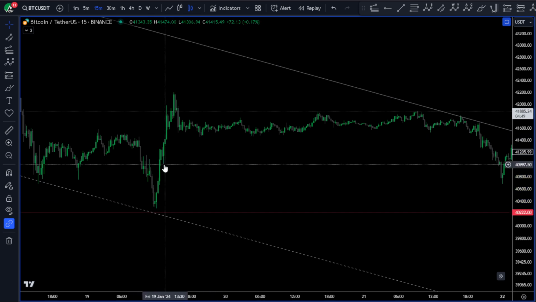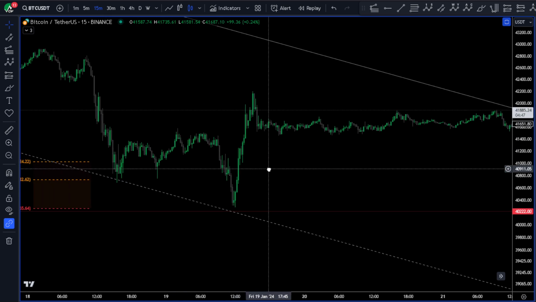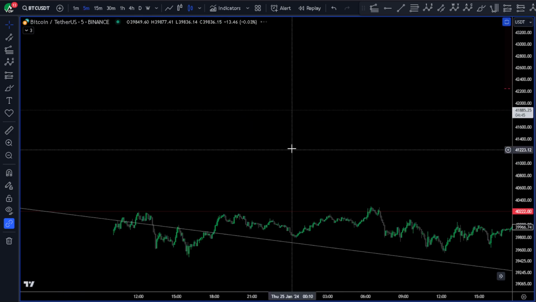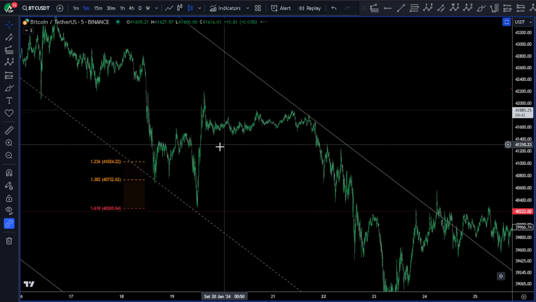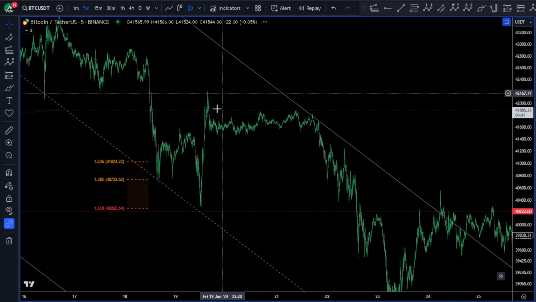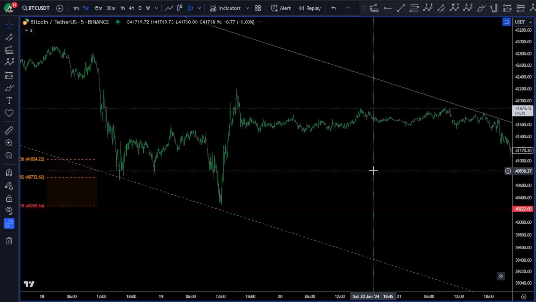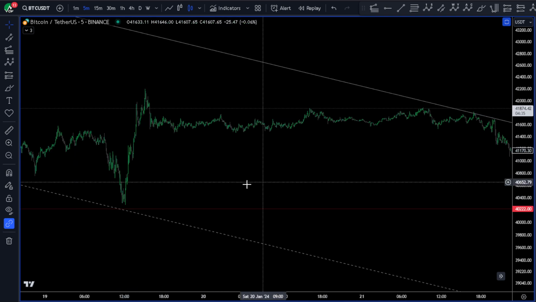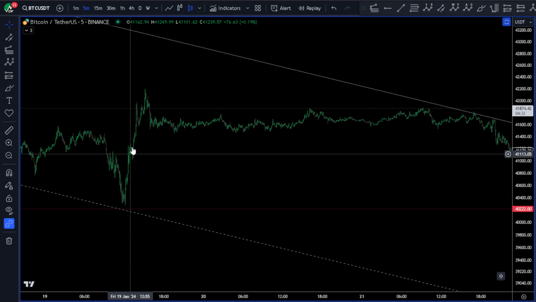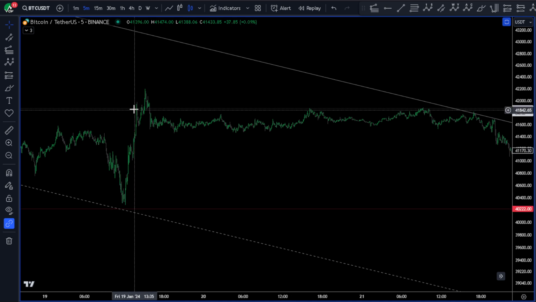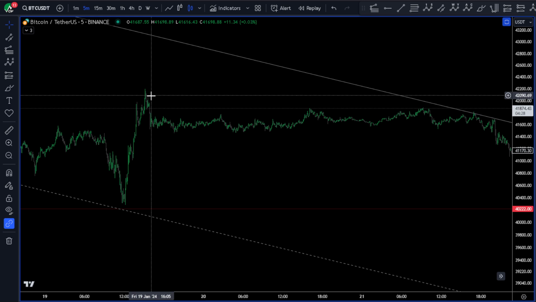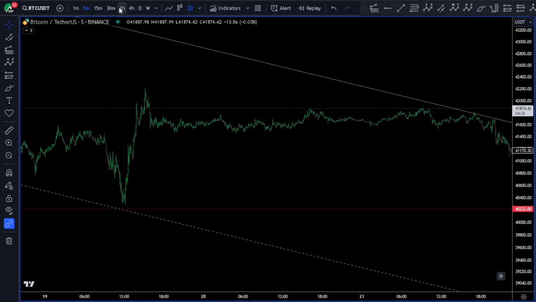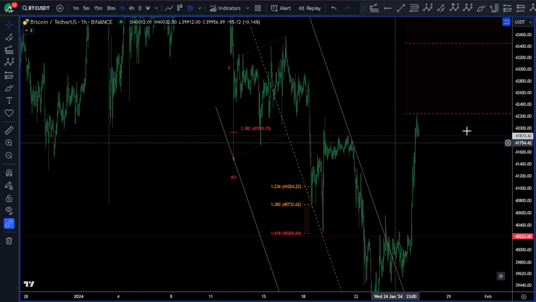So this is potentially an ABC. It's really ugly, and I assume I'm going to have to go all down to the micro to consider it. Yeah, three waves, or a WXY. Three waves, ABC. It's just really ugly. It's so ugly.